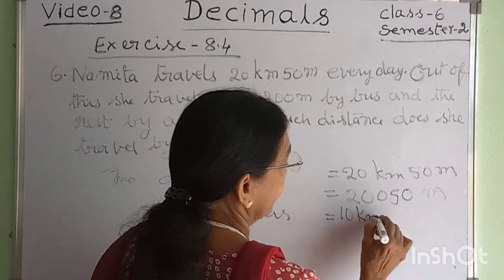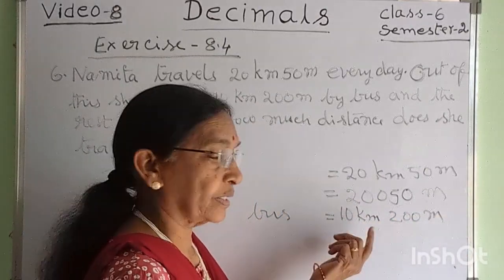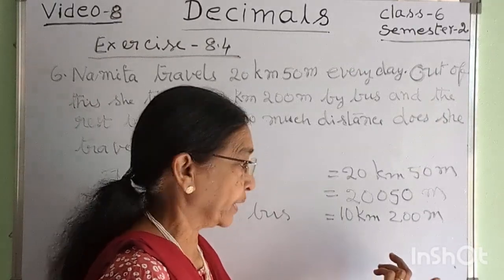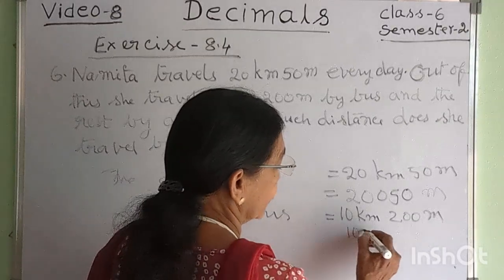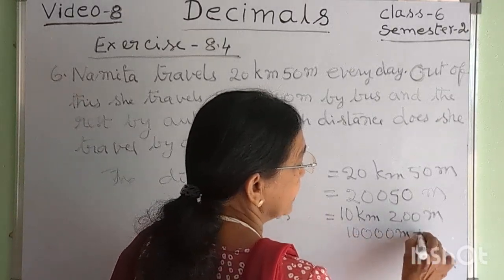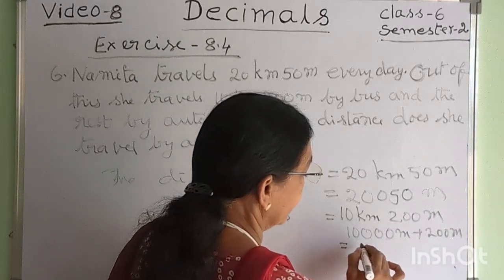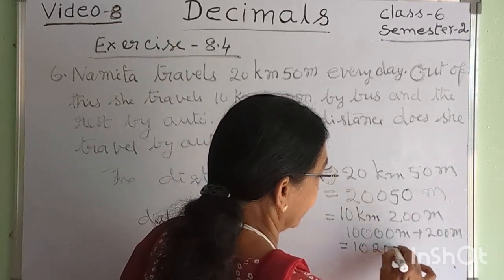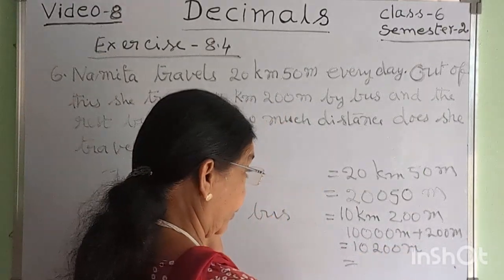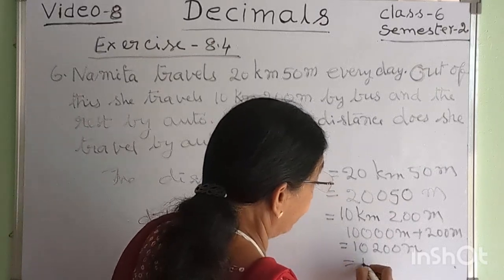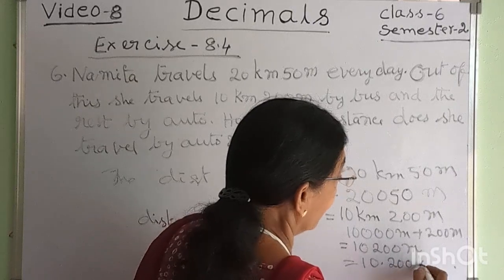Each kilometer is 1000 meters, therefore 10 kilometers is equal to 10,000 meters. 10,000 meters plus 200 meters, therefore the total distance is 10,200 meters. Converting it into kilometers, dividing by 1000, we get 10.200 kilometers.